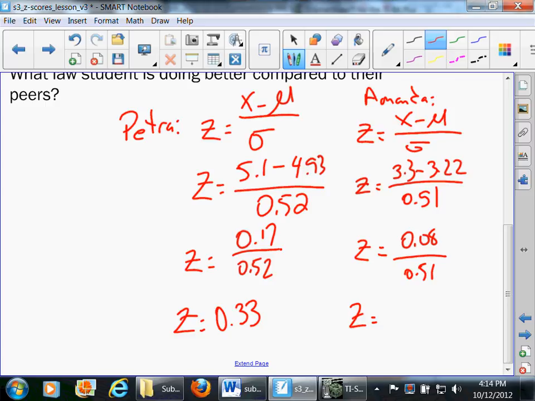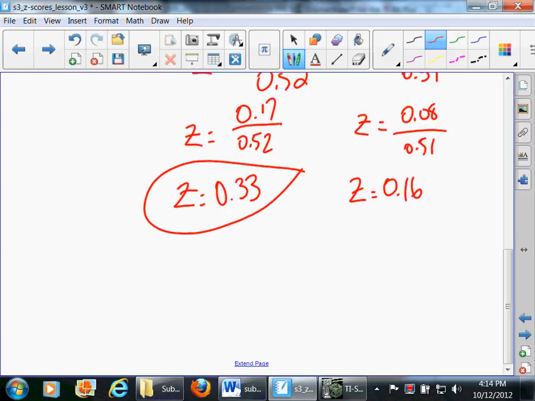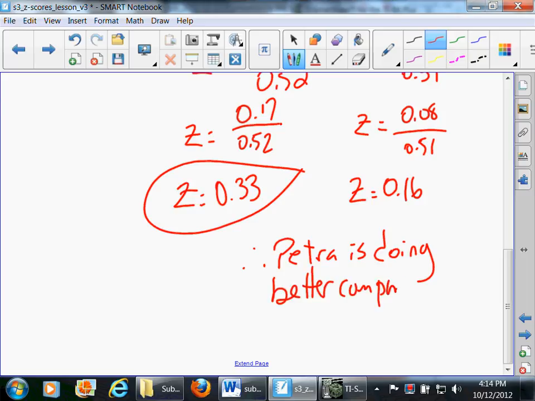Amanda's z-score is 0.16. Whose z-score is higher? It's Petra's. So therefore, Petra is doing better compared to her peers.